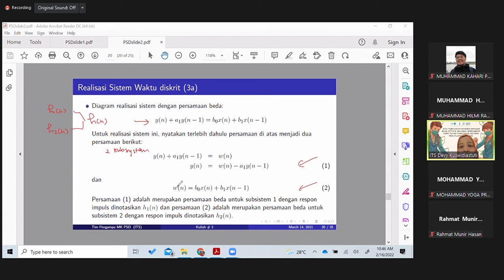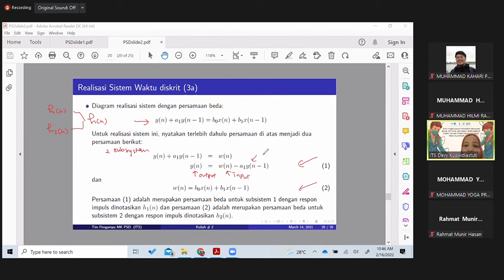You could see that in the first subsystem, yn is the output and wn here is the input.